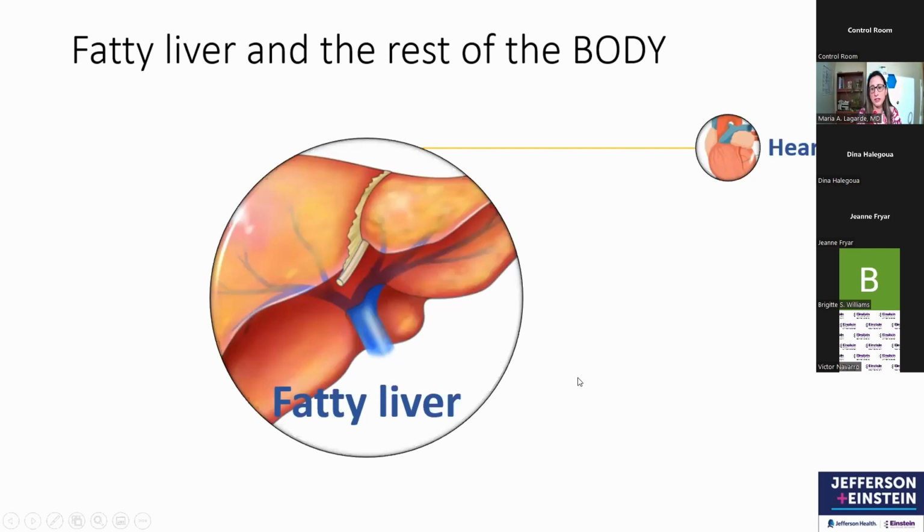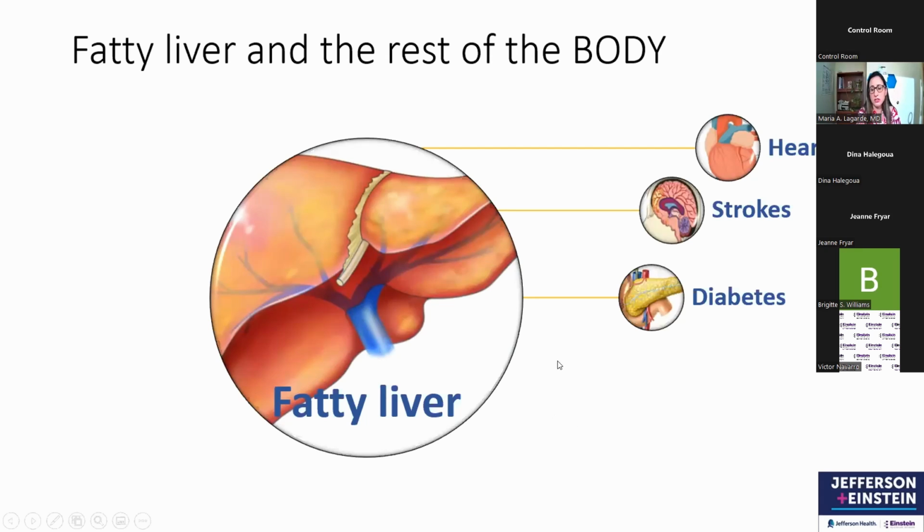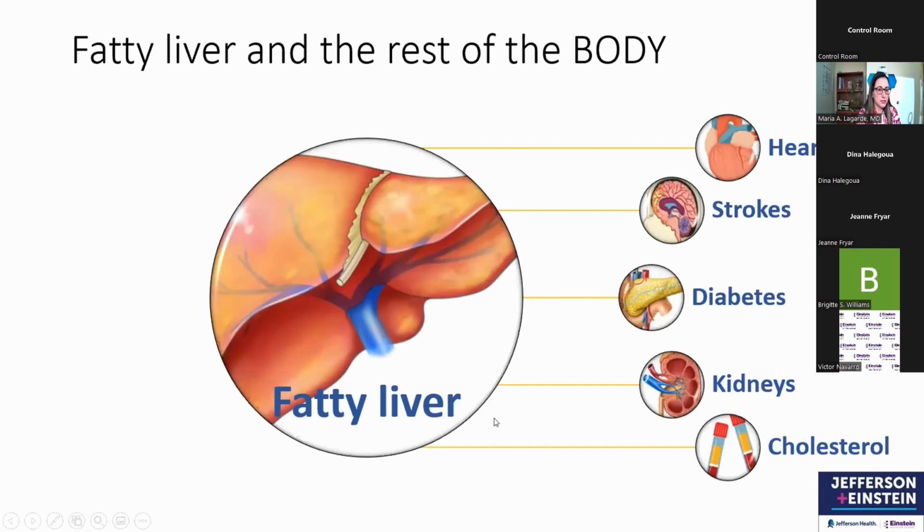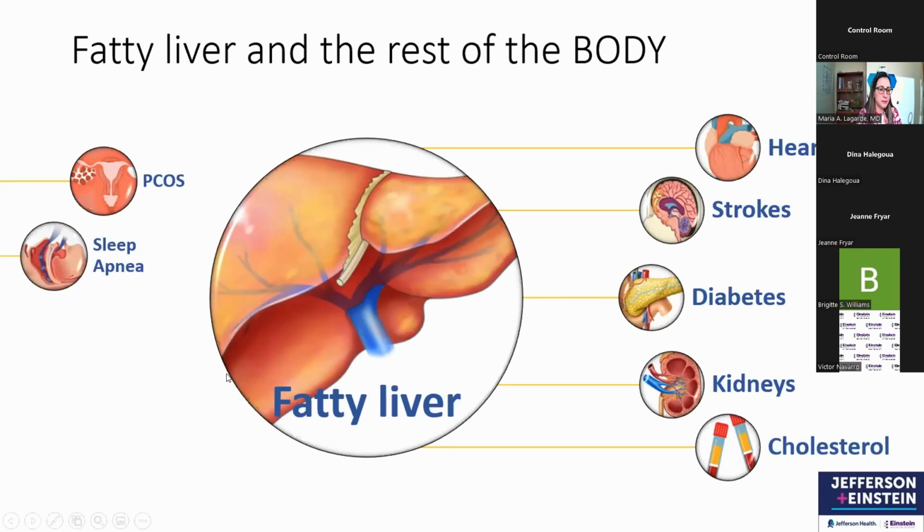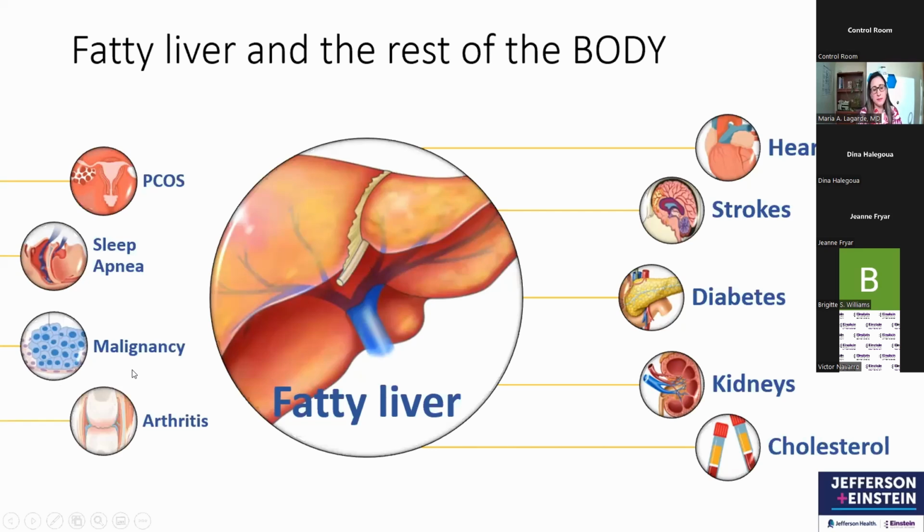Having fatty liver predisposes your body to other conditions: cardiovascular disease, as Dr. Banca will talk at length later on, the risk for strokes or cardiovascular conditions, diabetes, kidney disease or kidney dysfunction, high cholesterol, but also some others that you may not recognize, like polycystic ovarian disease in women, or sleep apnea, which is also associated with excess weight. It can also link to a high risk for cancer or malignancies, and lastly, joint conditions like arthritis.